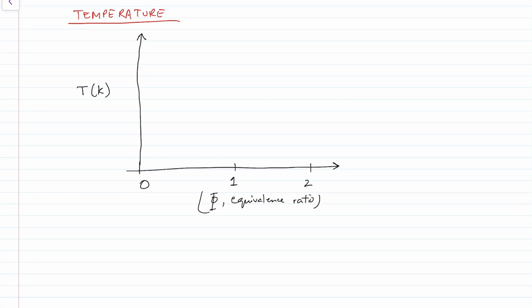Let's draw a dotted line right here in the center, because below this is the fuel lean region, and on the other side is the fuel rich region.